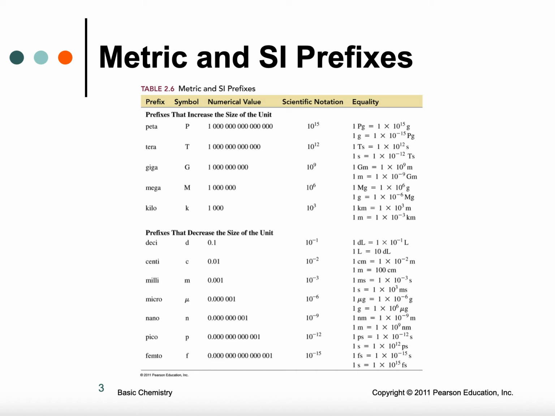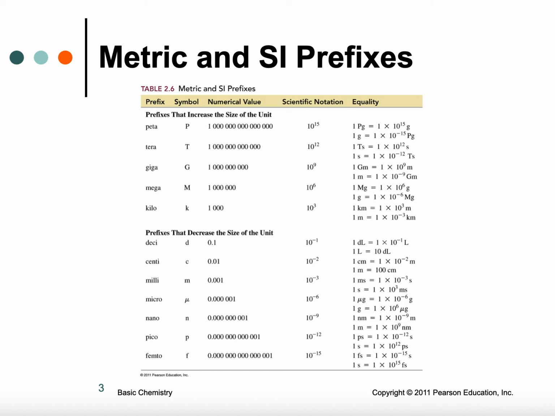So nanotechnology is where people are trying to build machines so small that they would fit inside a cell and, say, repair something that's broken, or do some kind of work at that small of a level. So nano would be a billionth, divided by 10 to the 9, right?